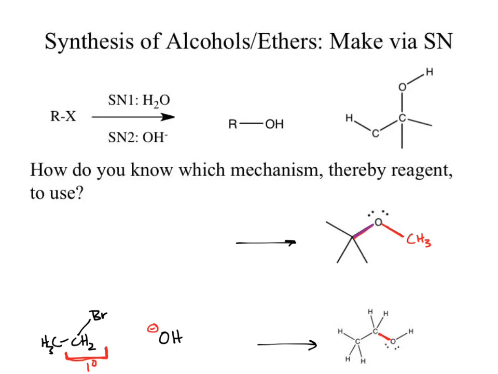If I was going to make the purple one, plus what? H2O won't work because I need a CH3. So I could add the HOCH3. I don't want OCH3 minus because the substrate is tertiary. I need to go under SN1 conditions.